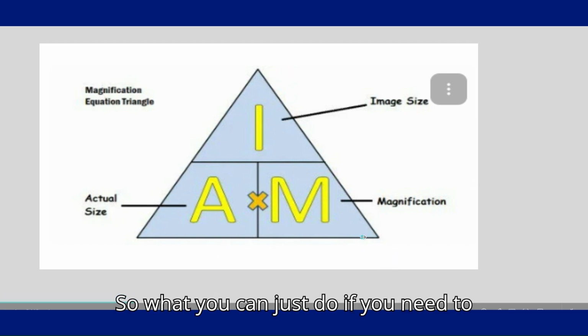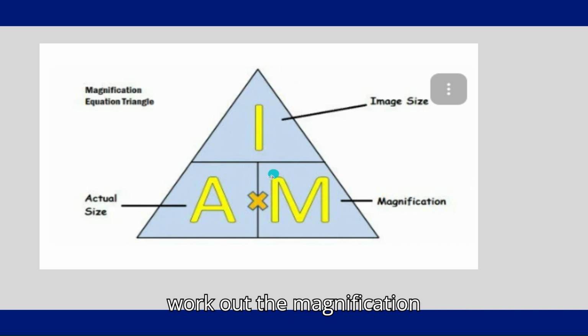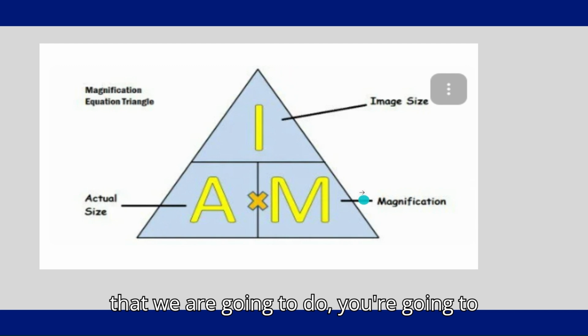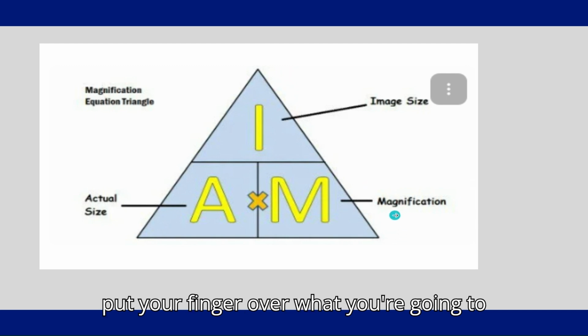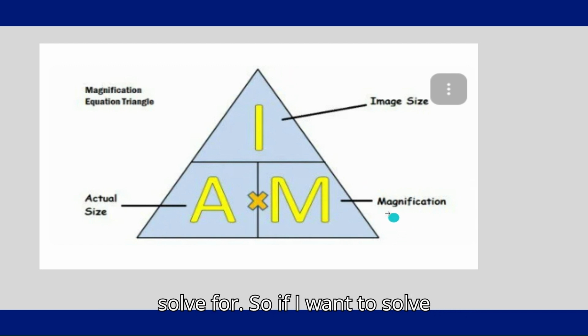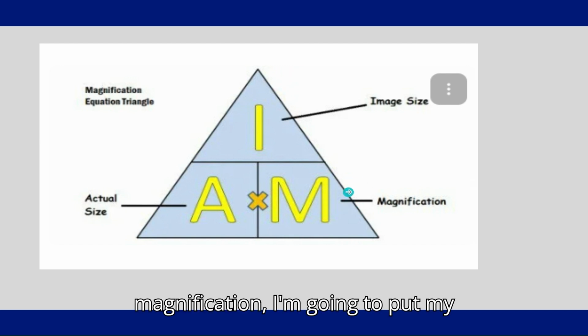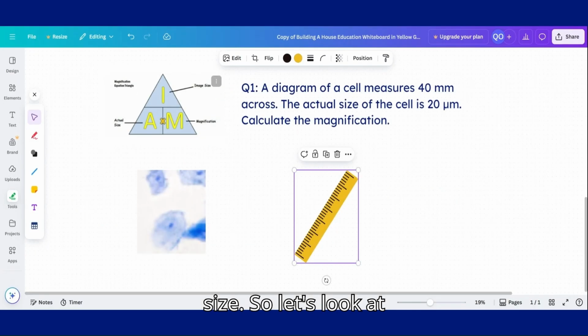If you need to work out the magnification, you put your finger over what you're going to solve for. So if I want to solve magnification, I put my finger over the M and then I can see it is image size divided by the actual size.